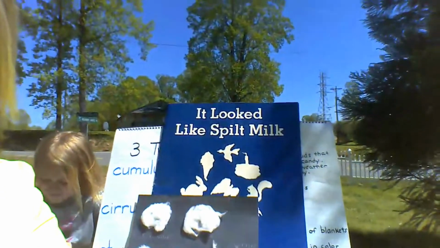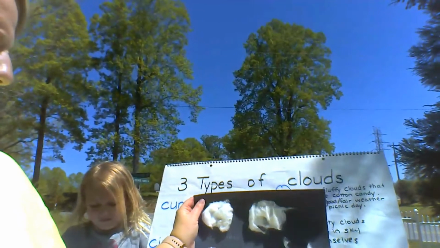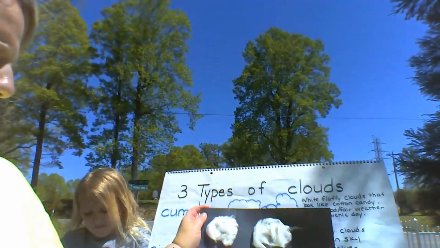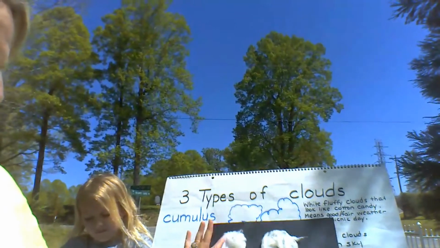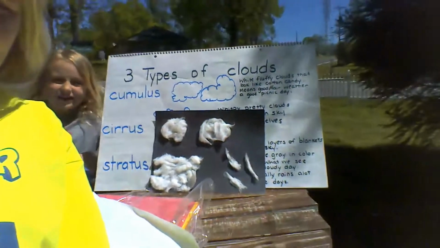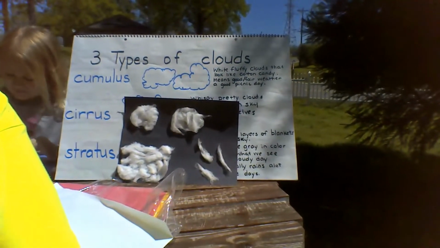You can do this with any color paper. I've done it with the black paper. Can you see this? I just took cotton balls and made the cumulus clouds, the stratus clouds, and some cirrus clouds just floating around. And that's why you need some glue, to glue it to your paper.